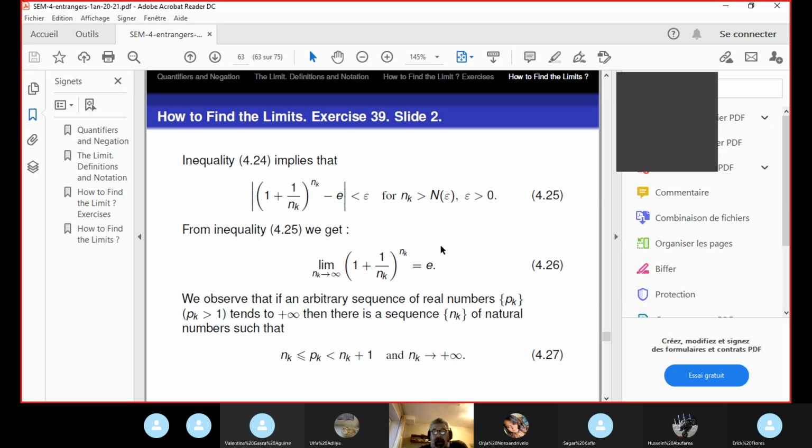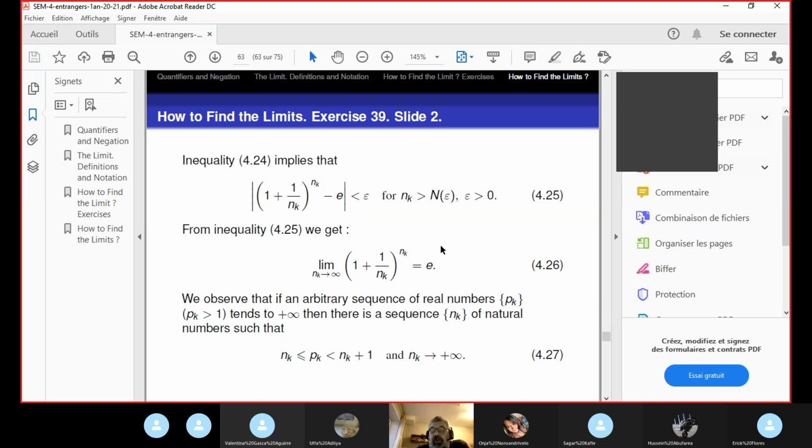And if I take this sequence n sub k, which is also a sequence of natural numbers, then we have the same inequality if n sub k is greater than capital N of epsilon.